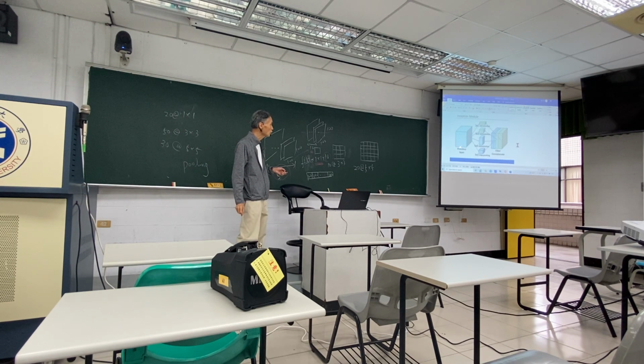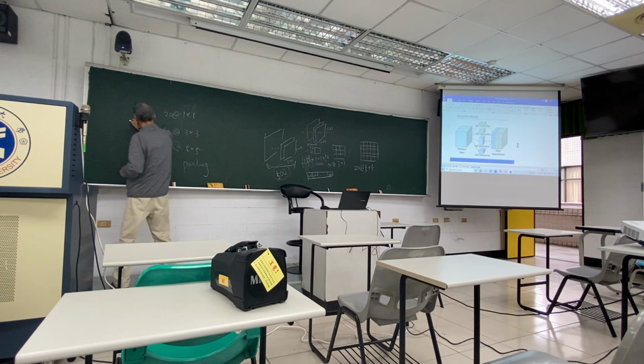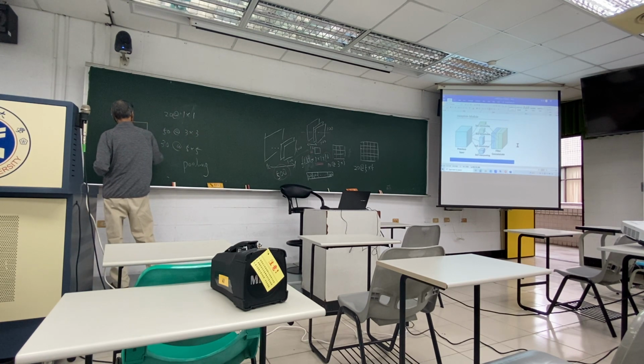And suppose the original size, because it's pooling, so the size will be the same as the previous layer, right? Suppose the input depth, I assume the depth is 100.